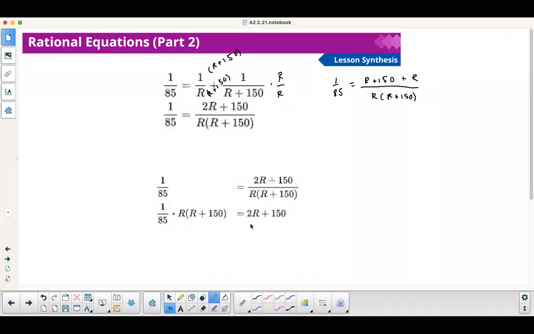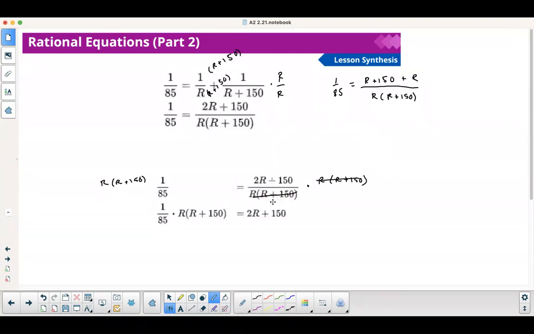So then at this point, what they did here, instead of, you could cross multiply if you want, or what you could do is you could just get rid of this. So if I multiply each side by r times r plus 150, what happens over here is these cancel out.